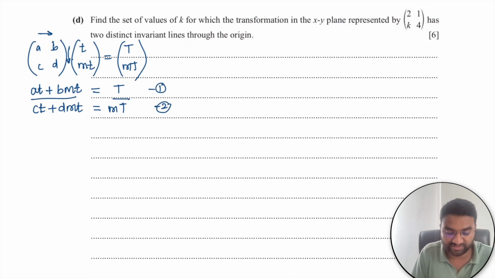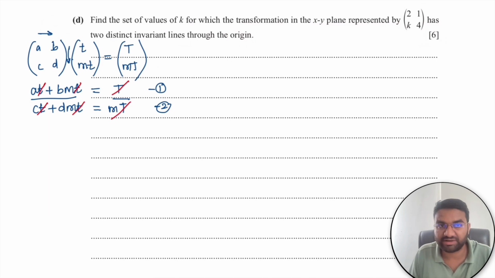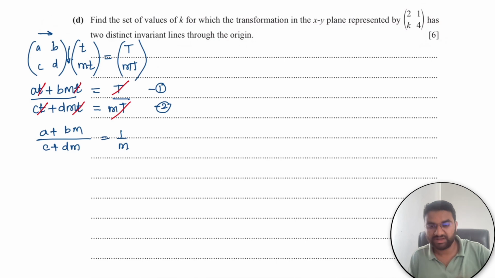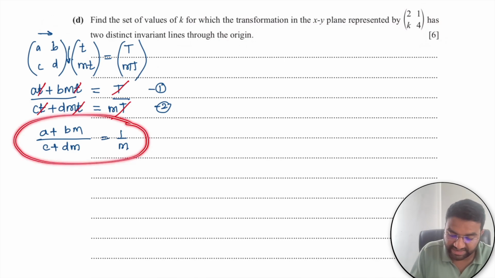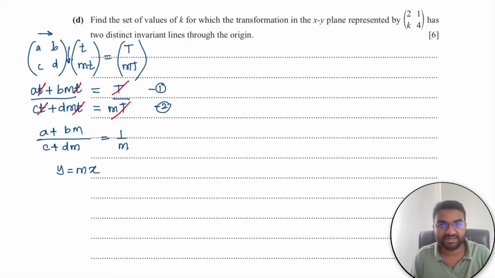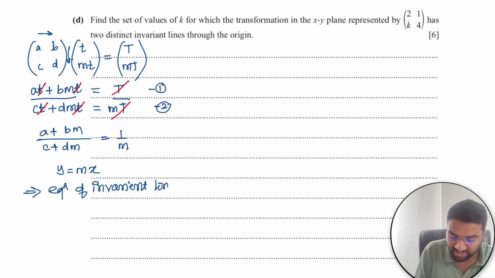If you take the ratio, we can cancel the t and t, and the capital T gets cancelled out, and we are left with (a plus bm) over (c plus dm) is equal to 1 upon m. Now if you solve this, we will get the value of m, and we can substitute in y is equal to mx. That gives us the equation of the invariant line.